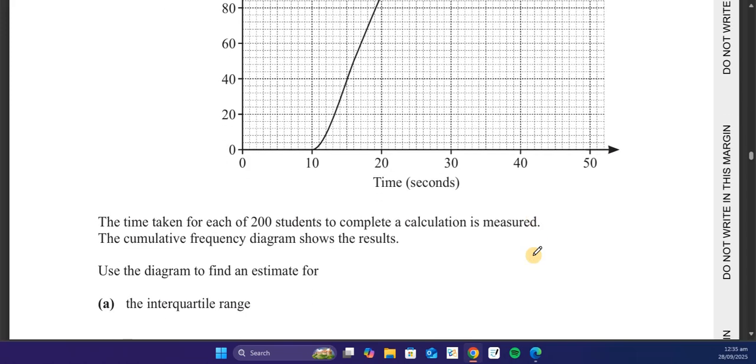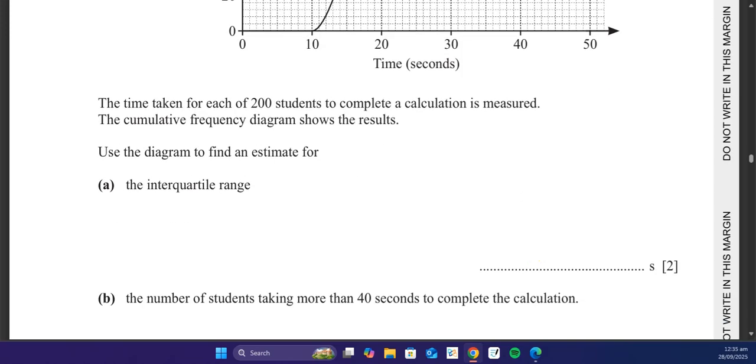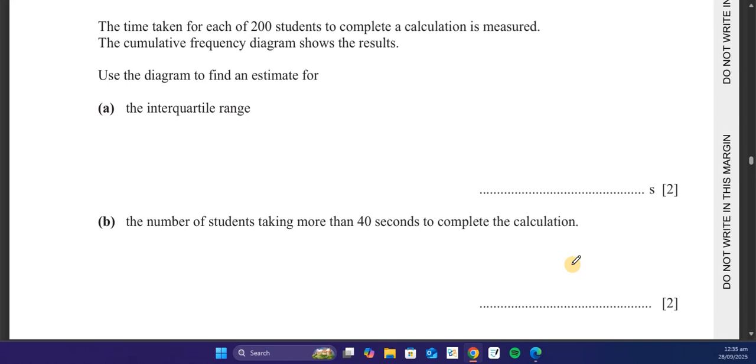Moving forward to question number 15. The time taken for each of 200 students to complete a calculation is measured. The cumulative frequency diagram shows the results. Use the diagram to find an estimate for the interquartile range. The formula for which is upper quartile minus lower quartile.